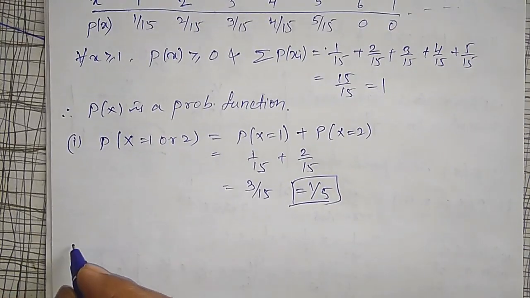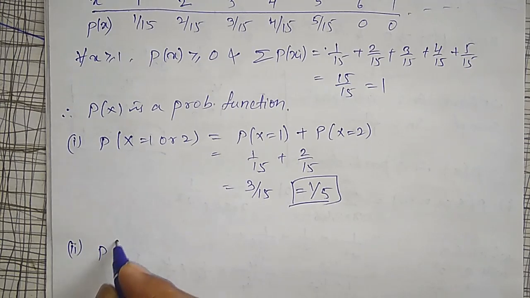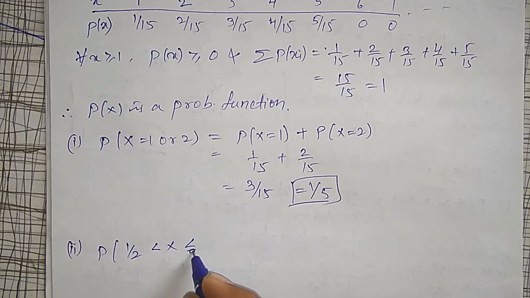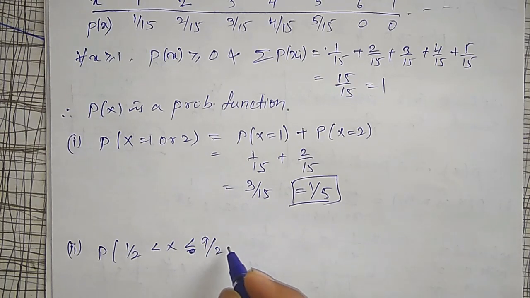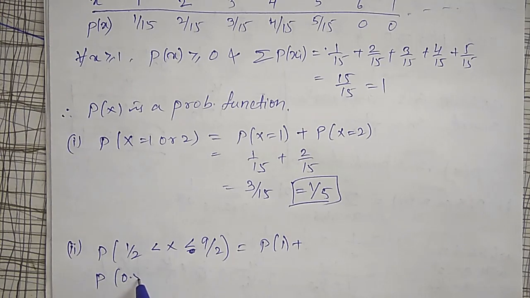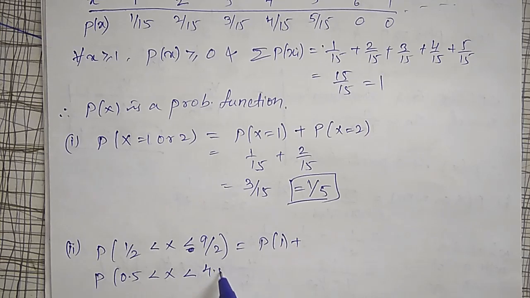Like that, for the second one, I have to find the probability of 1 by 2 less than x less than 9 by 2. Let me write it once again: probability of 0.5 less than x less than 9 by 2, meaning 4.5.